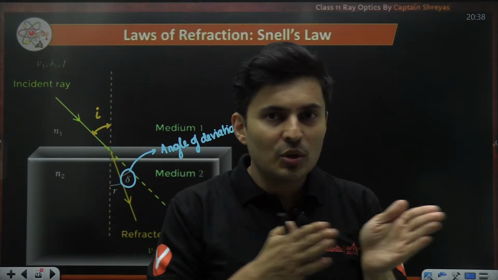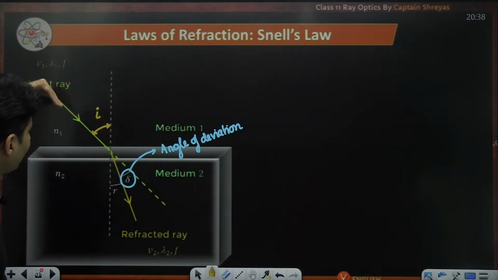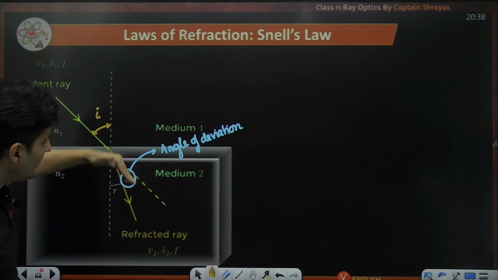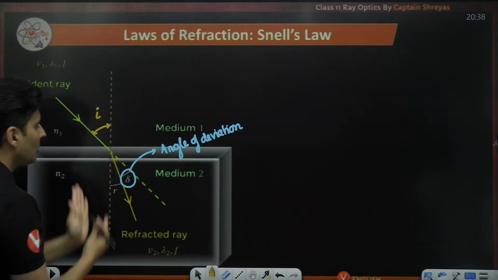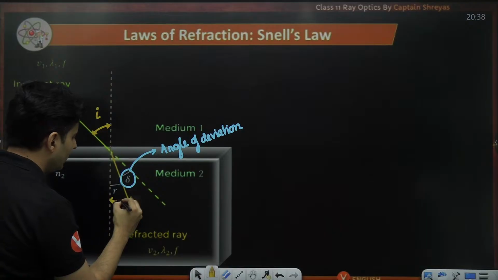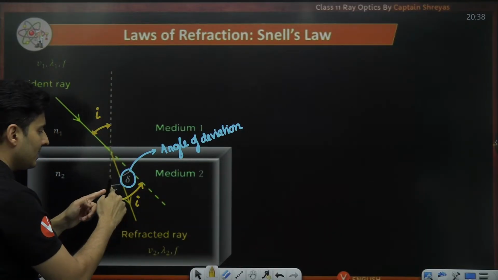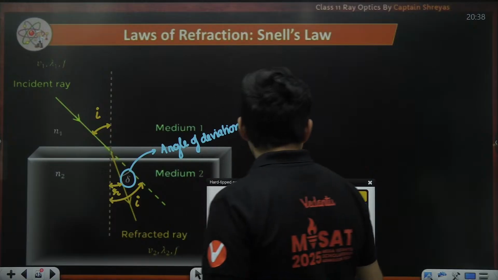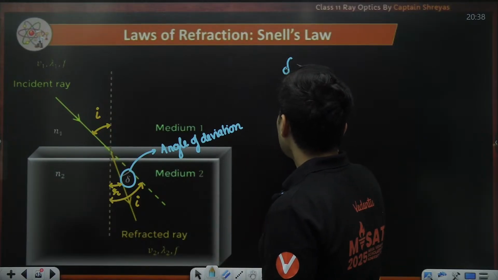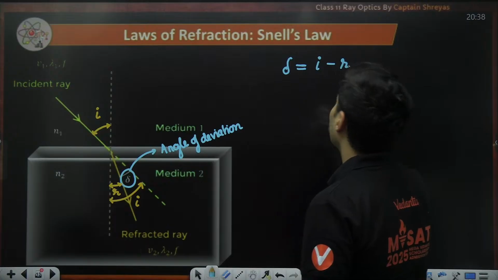So the amount by which you turn becomes the angle by which you got deviated. Same way here, the light ray was supposed to go here, but it is now going here. So this is the deviation angle. If these two lines are considered, it is obvious that this entire angle will also be i. Out of that, this is r and this is delta. So if this much is r, it's natural that delta, the angle of deviation, will be i minus r.